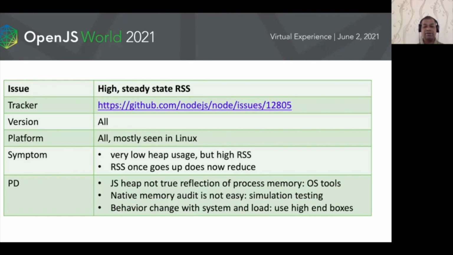We see high RSS. But then, unfortunately, we don't have a mechanism to see what is the breakup of the native memory consumption, or what is the finest level of details about where this high RSS is accounted for within the program or within the virtual machine.